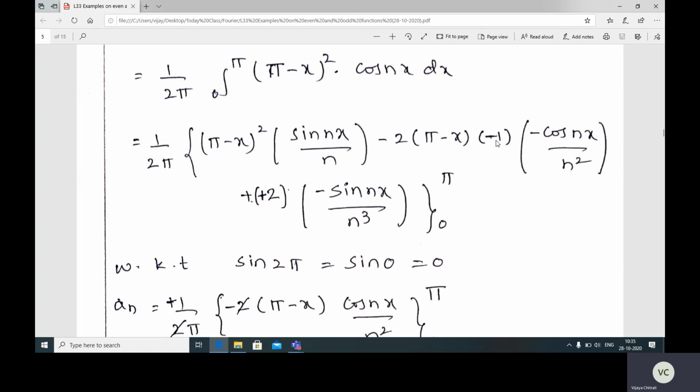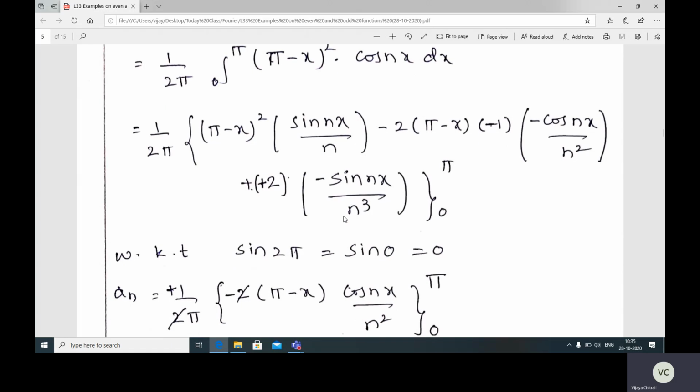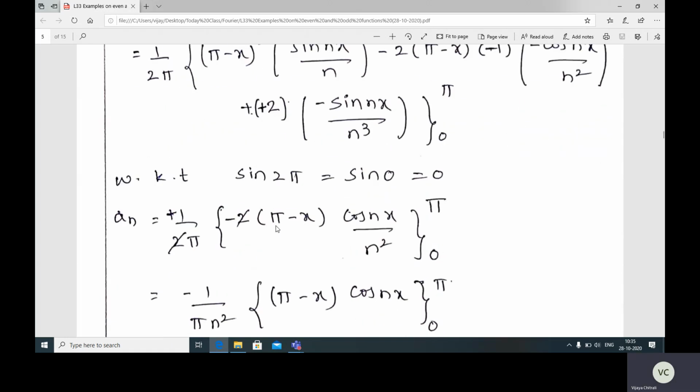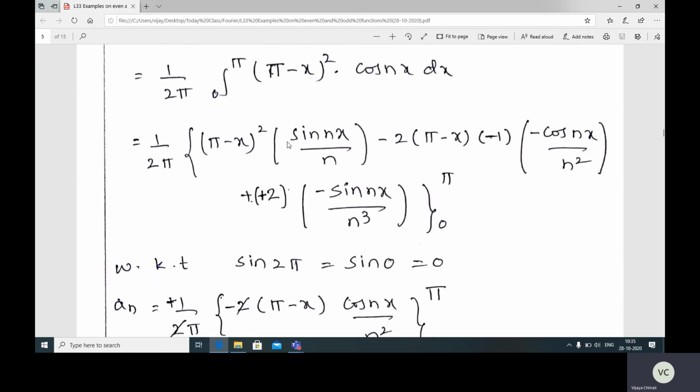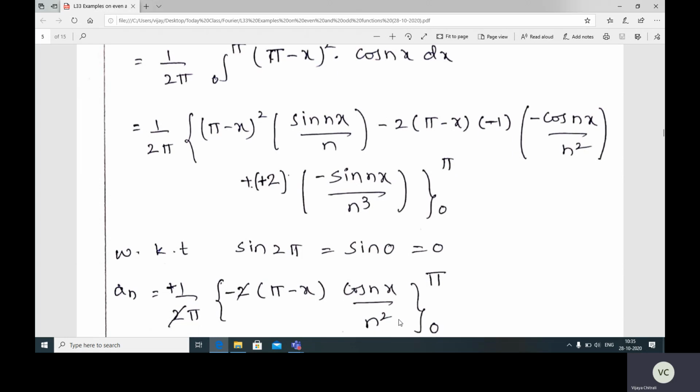This minus into minus is plus and this minus. So we'll get 1 upon 2 pi, minus 2 (pi minus x) cos nx divided by n square, and limits vary from 0 to pi, because sine 0 and sine n pi both equal to 0. So applying limits upper and lower for these two terms, you will get these two terms as 0 over.